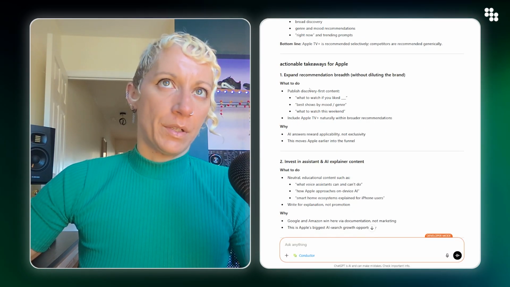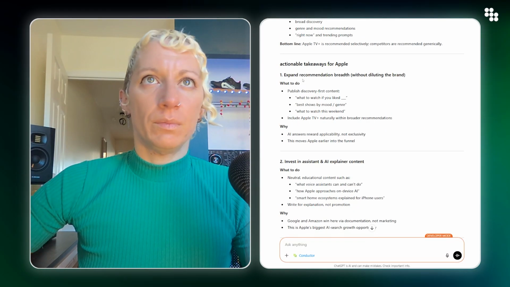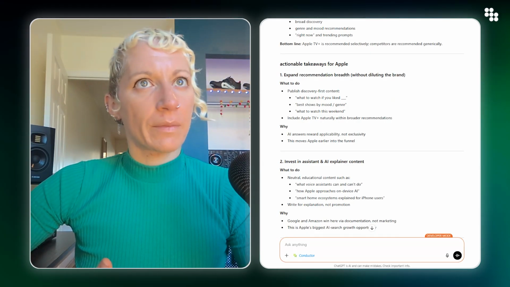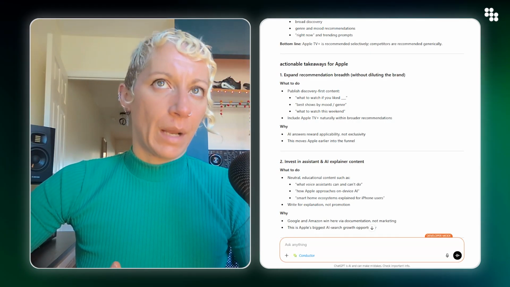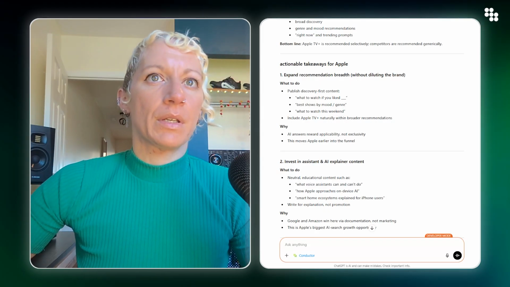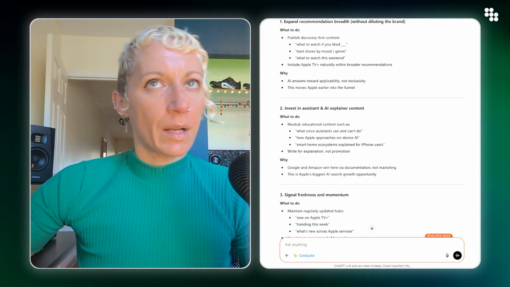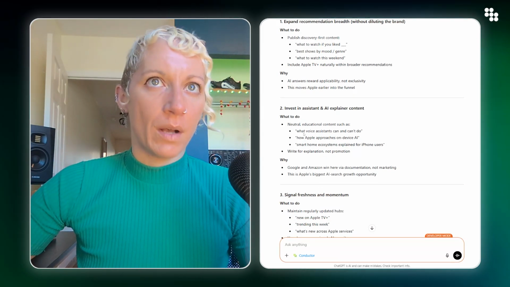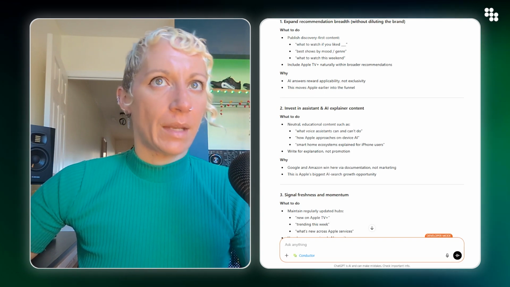And then this is great too because we have some published discovery first content recommendations, including Apple Plus naturally within broader recommendations, investing in explainer content and assistant content as well, like what voice assistants can and can't do.